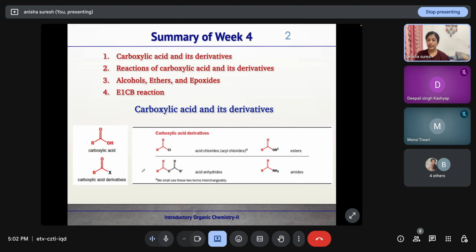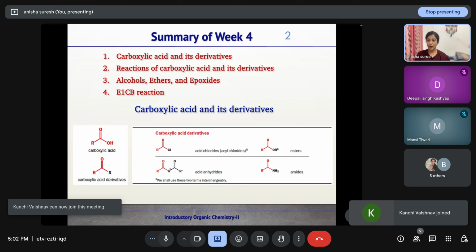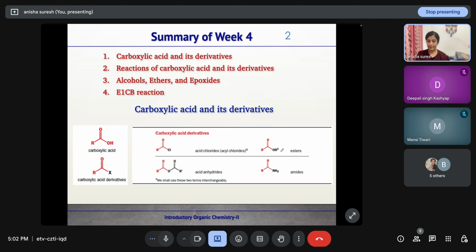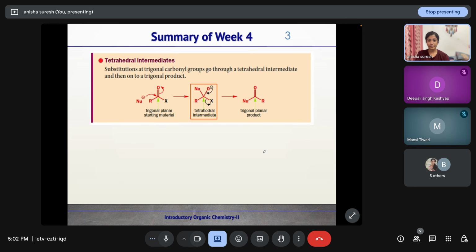In anhydrides, it will be RCOO. In amides, it will be NH2, and in esters, it will be OR. We have seen the reactions of carboxylic acid and these derivatives in the lectures.